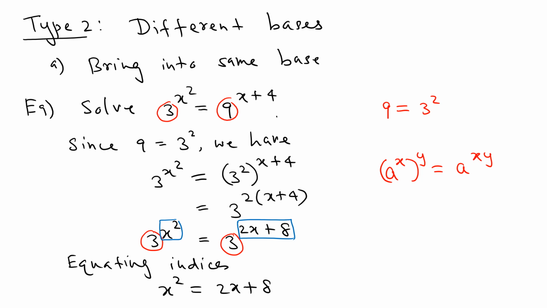This is a simple algebraic equation, and we can solve this by factoring. We bring it to one side and factor. The next step would be x squared minus 2x minus 8, and then we can factor this. We have negative 8. We can write this as two numbers: when you multiply, you get negative 8, and when you add, you get negative 2.